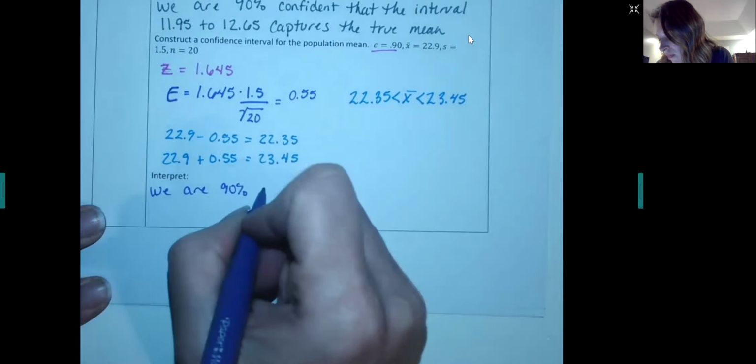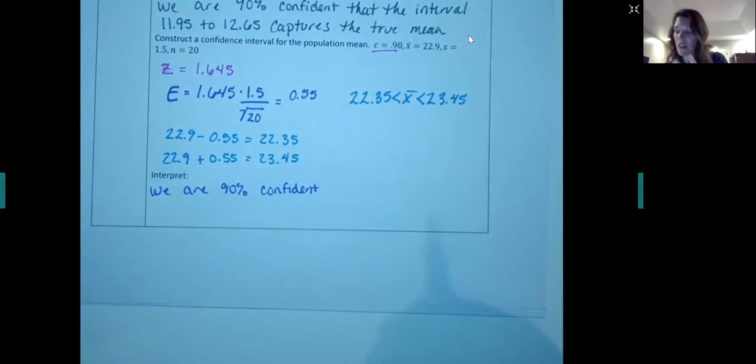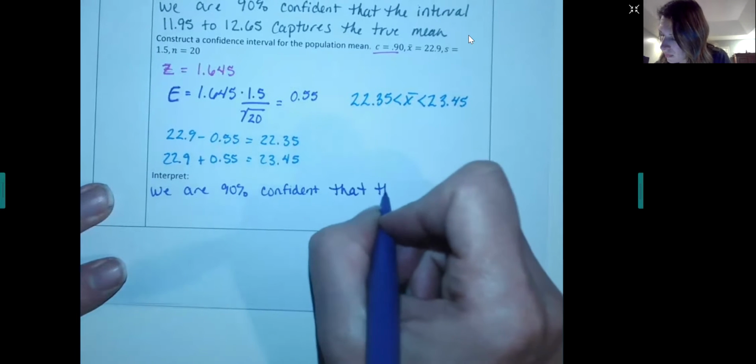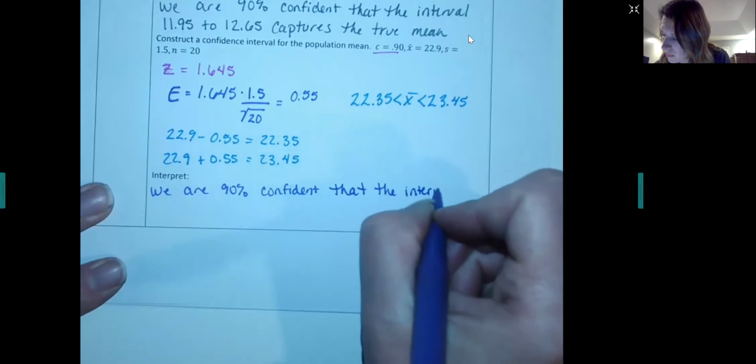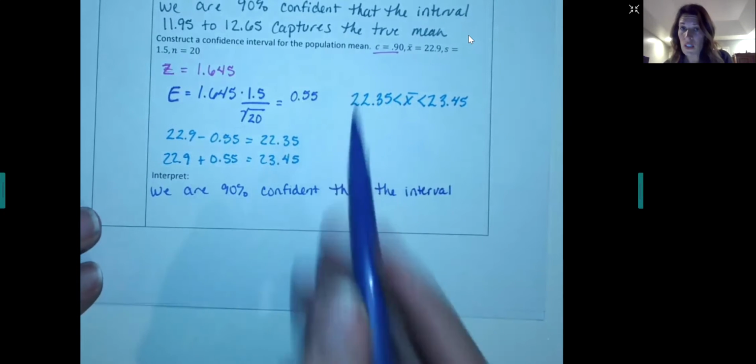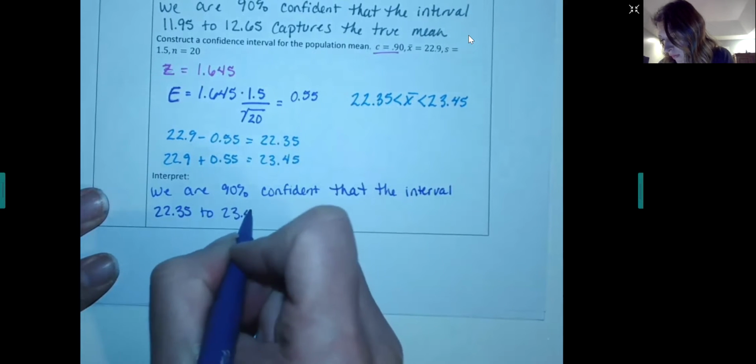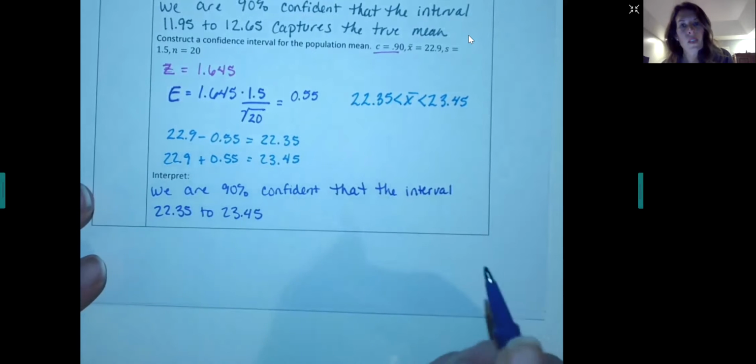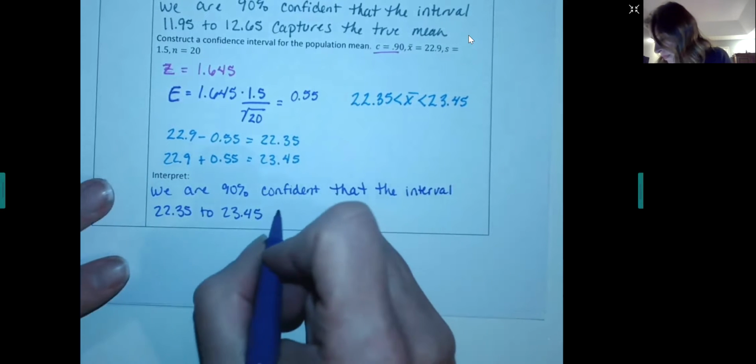What this means is we are 90% confident that the interval values (22.35 to 23.45) capture the true mean.